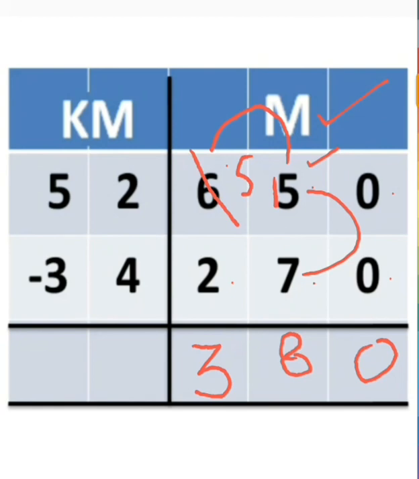Now in the kilometers column children, we have 2 and 4. But children, we cannot subtract 4 from 2 because 2 is smaller than 4. Then what will 2 do? Yes, it will borrow from its left side column children.